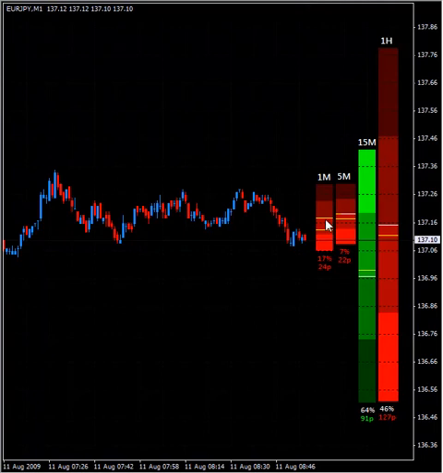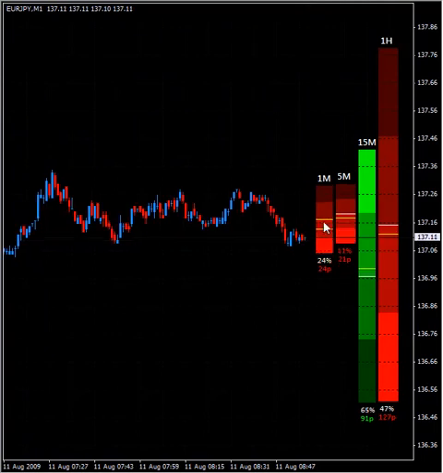When this yellow line is below the white one, which shows you the 50 level, it means that you are in a bearish trend, like we have now in the 1 minute and the 5 minutes and the 1 hour.